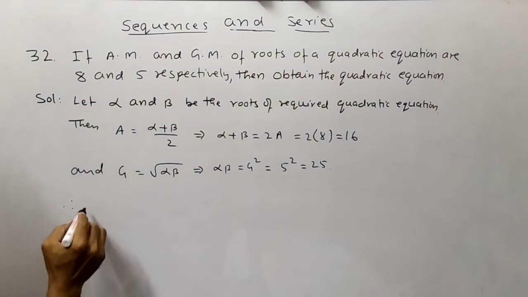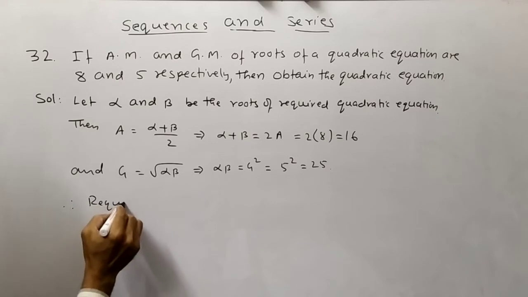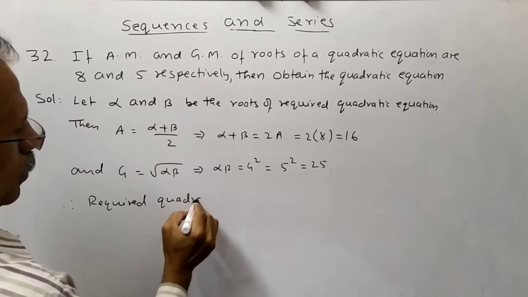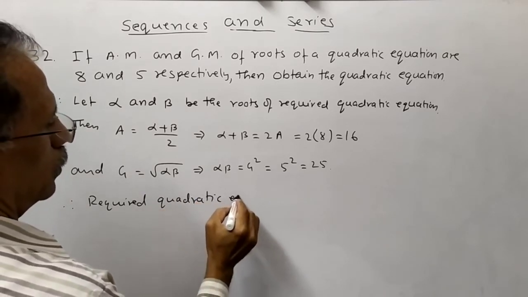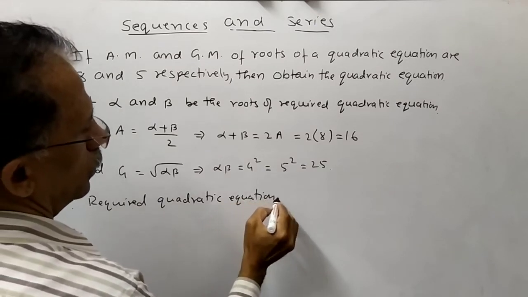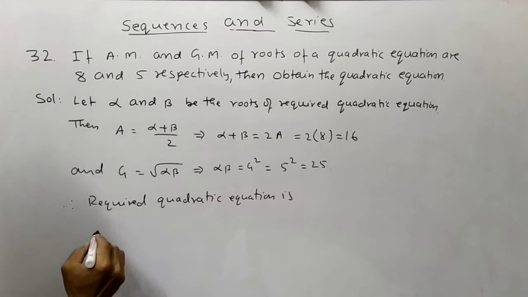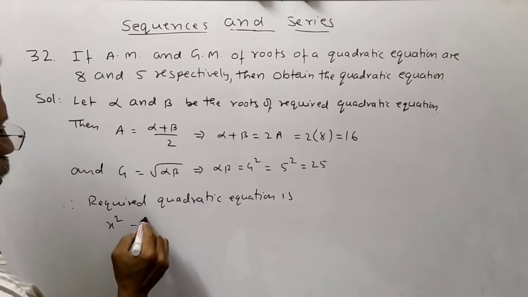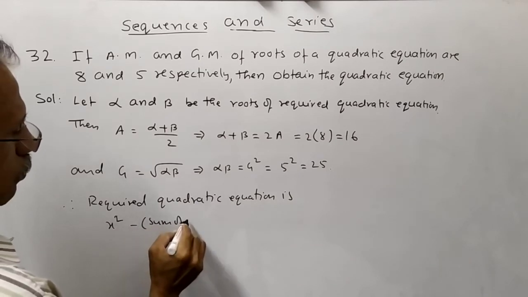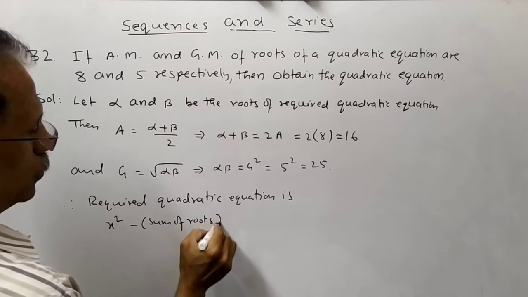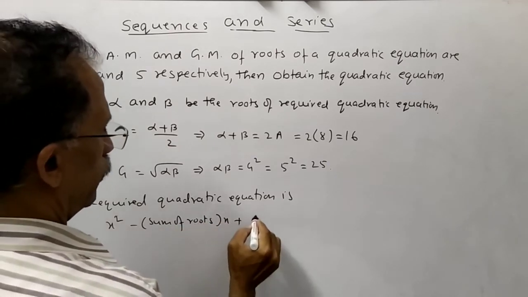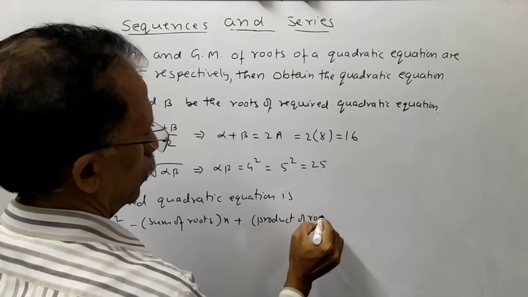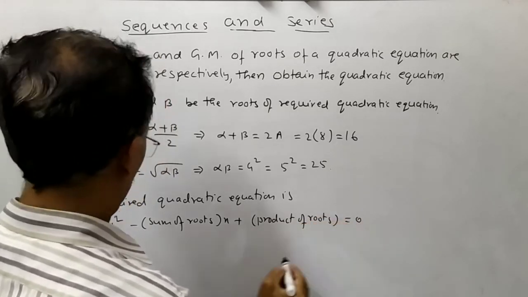Therefore, required quadratic equation is x square minus sum of roots into x plus product of roots is equal to 0.